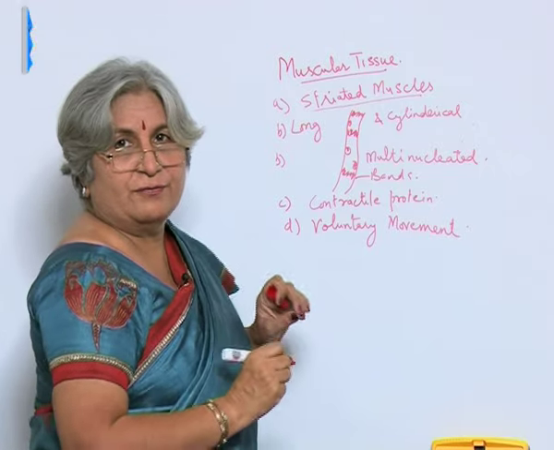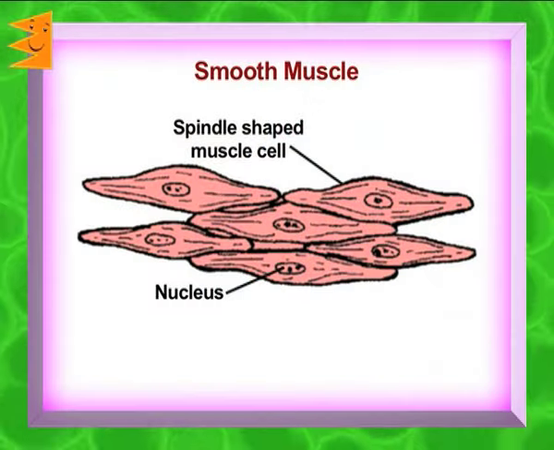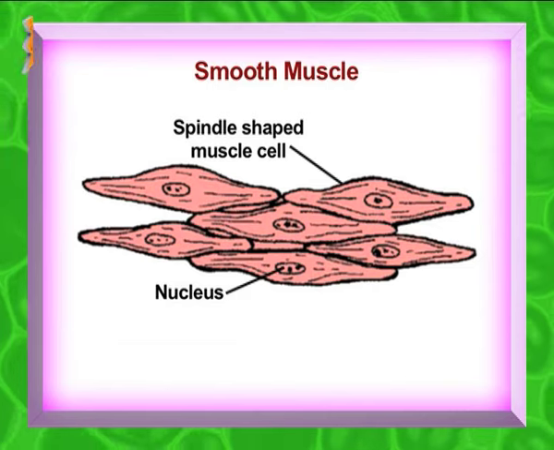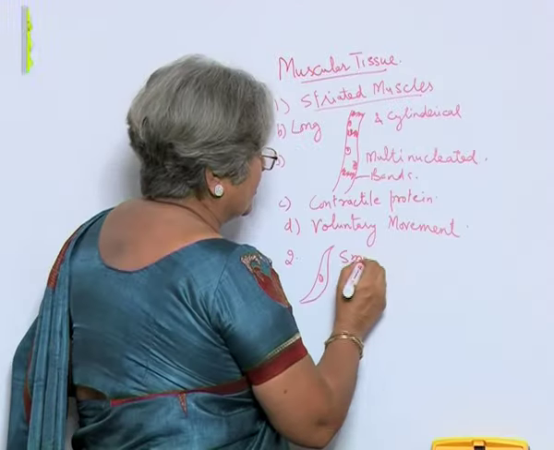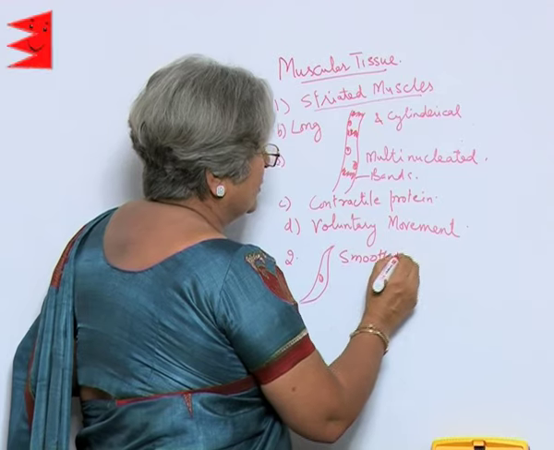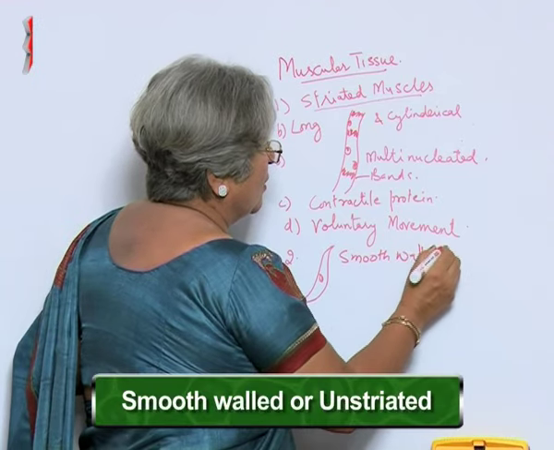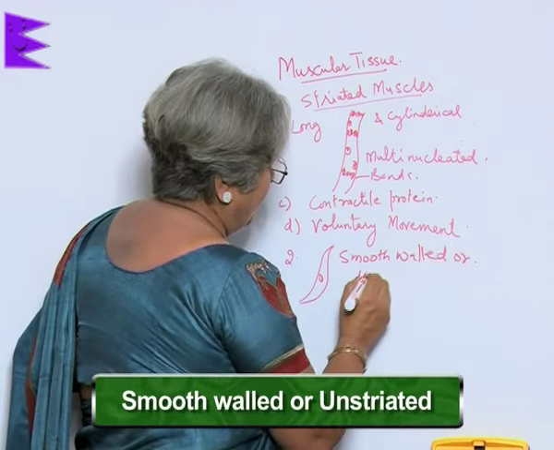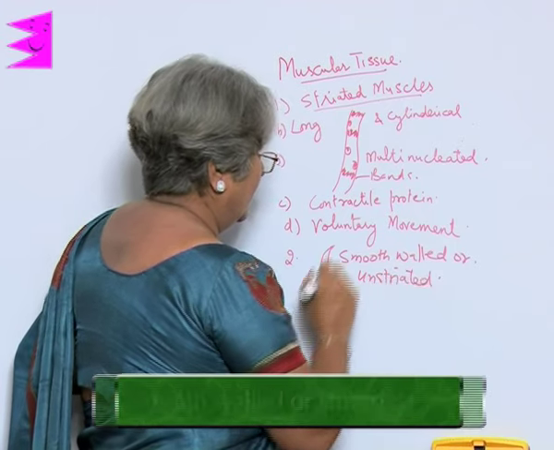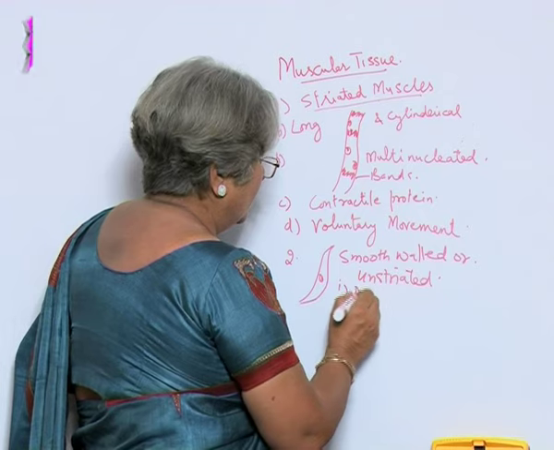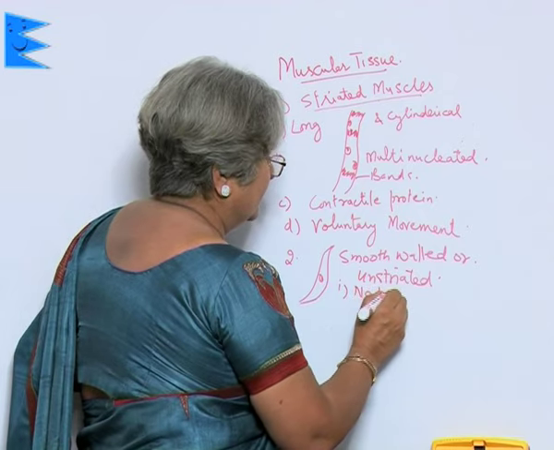Another type of muscular tissue is this shape. There are no striations, so it is called smooth walled or unstriated. What does that mean? No bands.